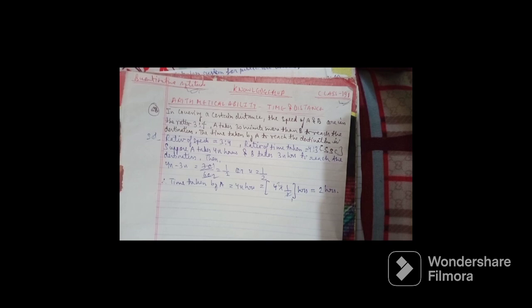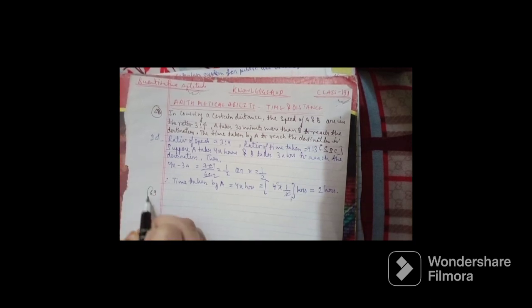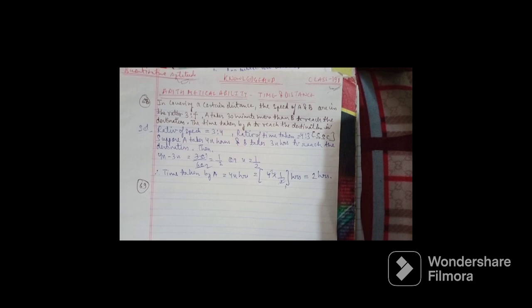Let's go for another one, which is the 69th question of the session. The question is as follows. In covering a distance of 30 km, Abhay takes 2 hours more than Sameer.